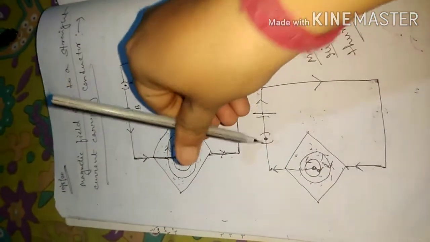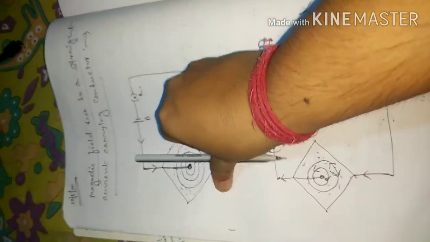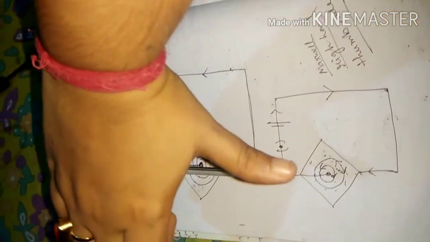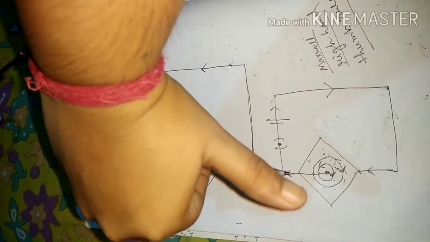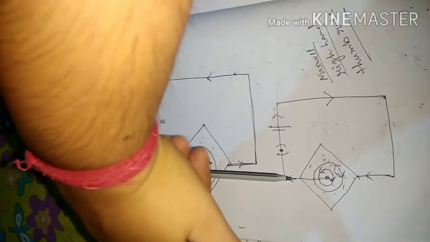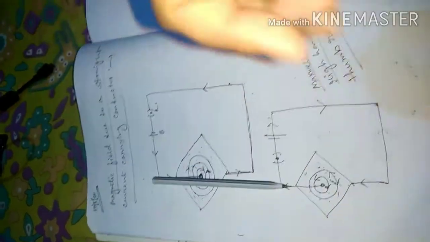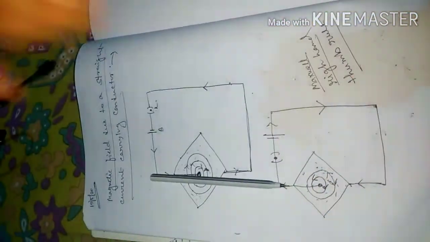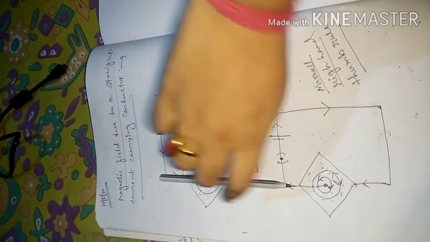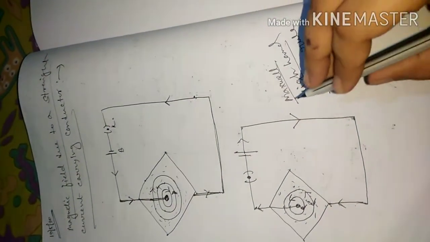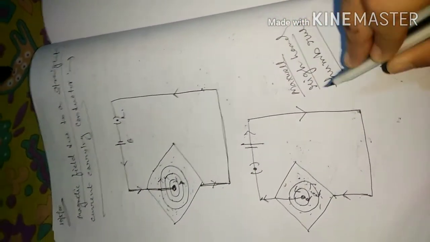Now in the first case, the current is flowing this way, so we stretch our thumb like this, and the other four fingers will move clockwise. So the thumb represents the direction of the current, and the direction in which the other four fingers move is the direction of the magnetic field lines. That is the Maxwell right hand thumb rule.